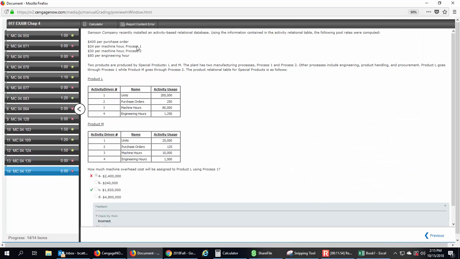And finally, how much machine overhead costs will be assigned to this product using process 1? Okay, so we need to know more about process 1. Oh, it's kind of like the first department, almost.